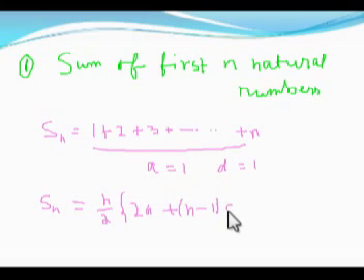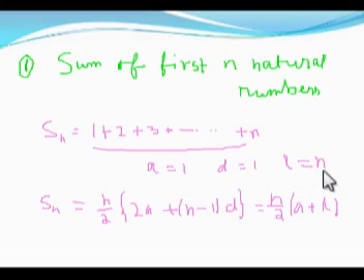You can use this formula, or directly use the second form of this formula: n by 2 into (first element plus last element). Here the last element l is equal to n. Both forms give you the same result.